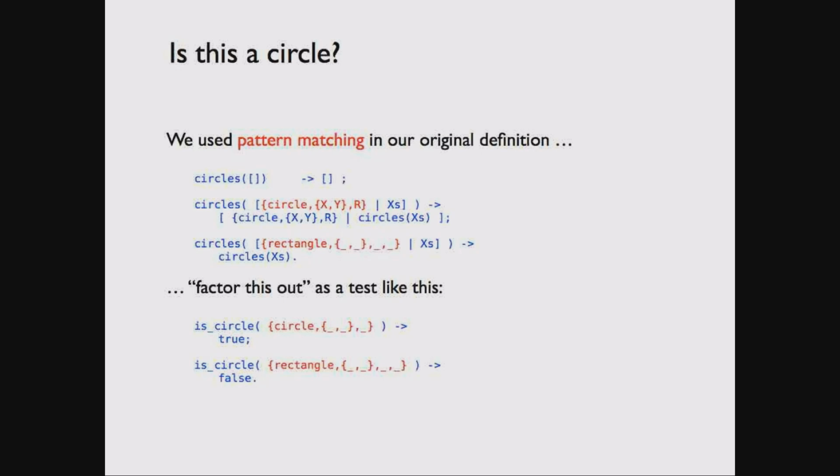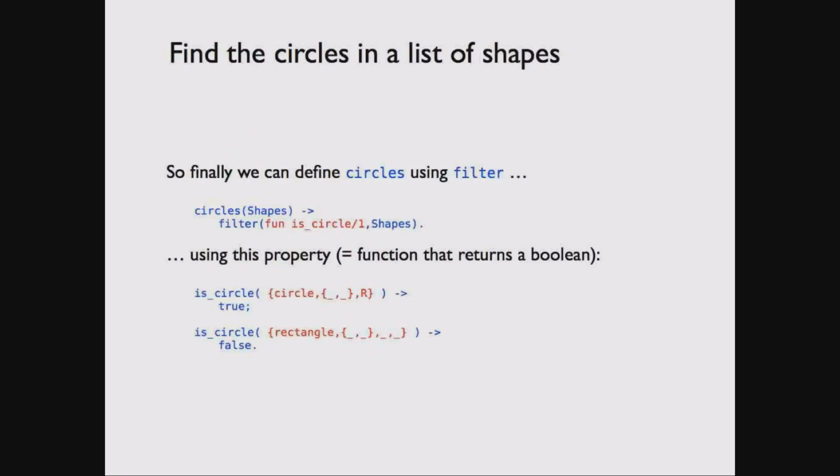So isCircle, when applied to a circle pattern, gives us the answer true. When it's applied to a rectangle pattern, it gives us an answer false. And then we're able to apply filter to that fun isCircle and shapes to filter a list of shapes.